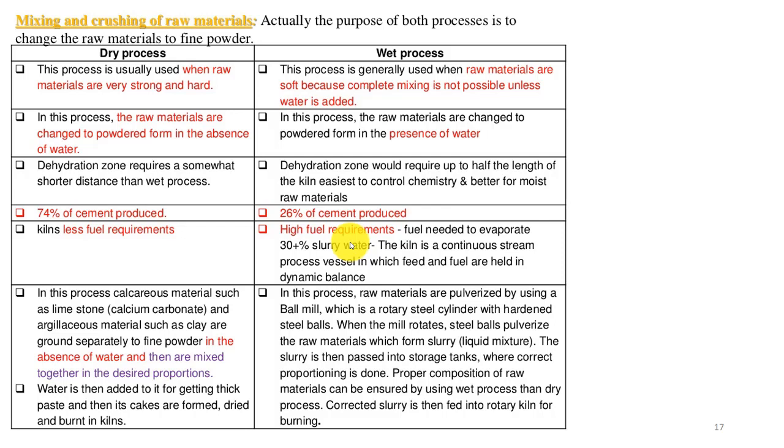So in the dry method, the materials are ground in the absence of water, and the desired constituents are added and then ground in the absence of water, to gain the desired particle size. It's around below 90 microns.